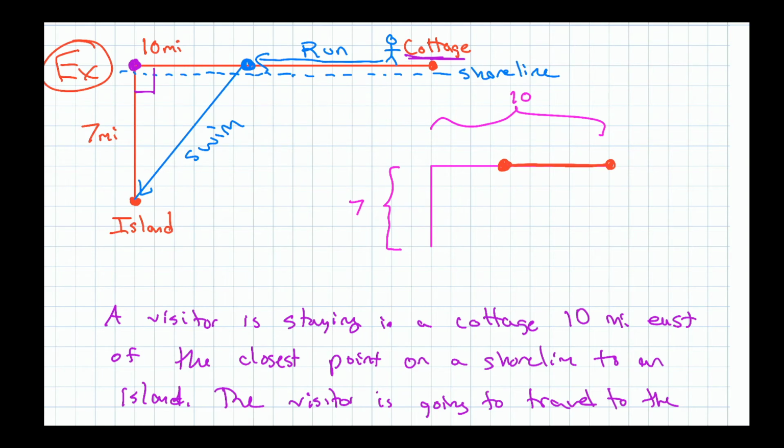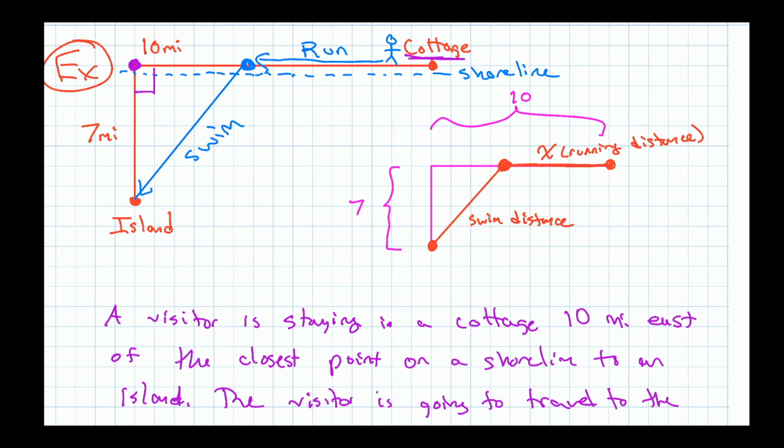But that's how far we're running. So let's just say x. That's the distance that we're running, right? Running distance. Then you're going to go to the island across the water. That's the swim distance.